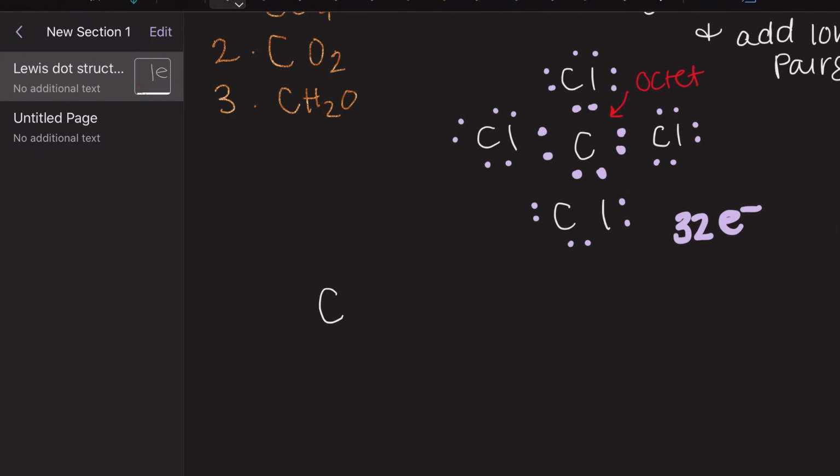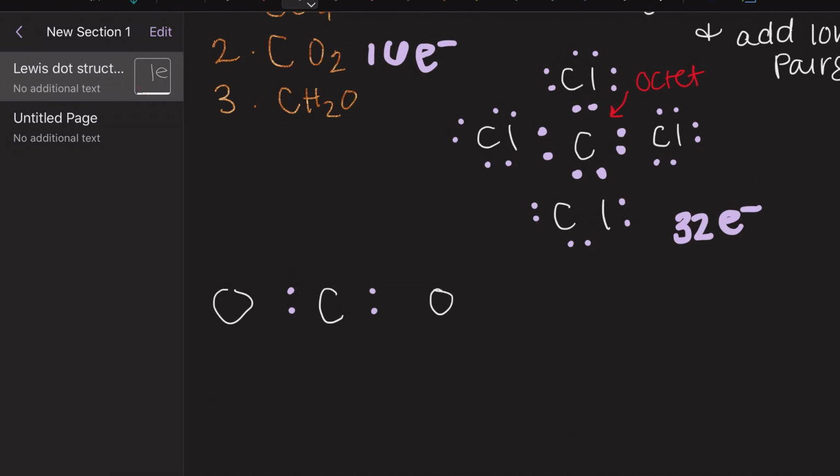We'll put carbon in the middle, since we only have 1, and an oxygen on either side. And then we can write that we needed 16 electrons. So, just like our last example, we'll add a bond between each element.